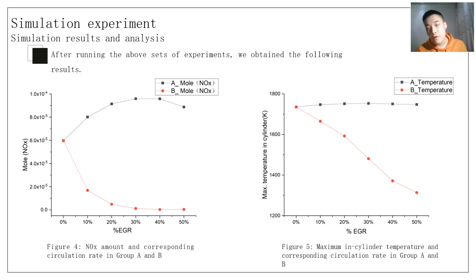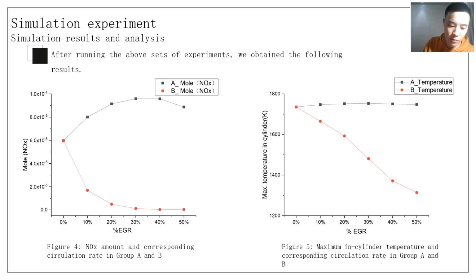According to previous studies, the maximum combustion temperature and oxygen concentration in the cylinder have an important influence on generation of nitrogen oxides, which is mainly generated at about 1800 K.